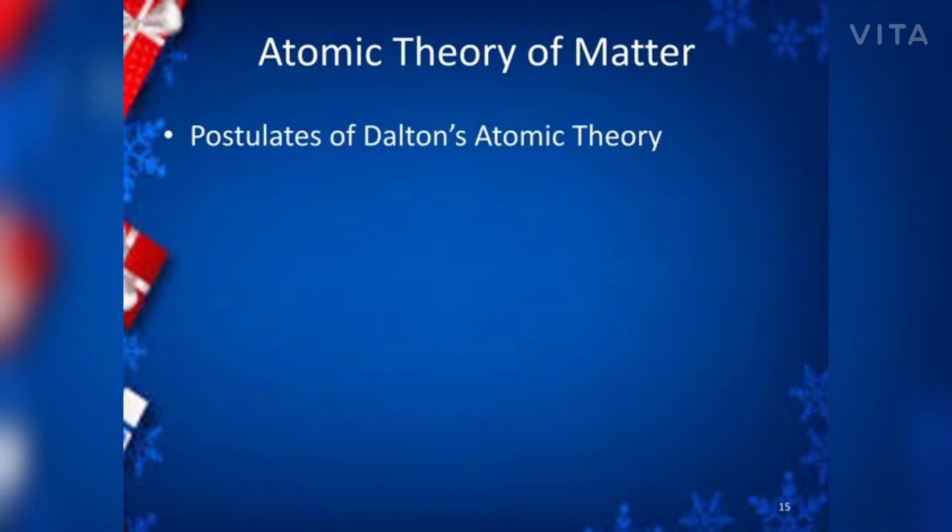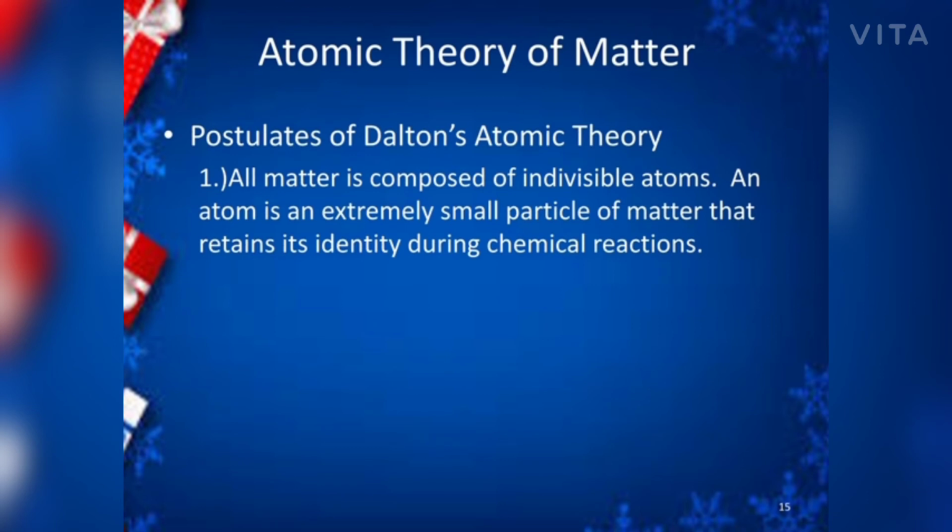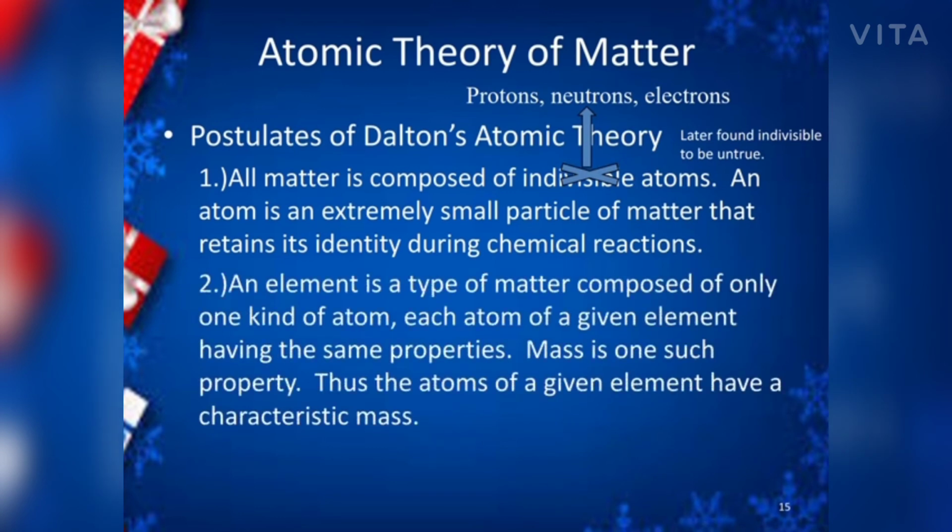Modified postulates of Dalton's atomic theory. All matter is composed of indivisible atoms. No, all matter is composed of divisible particles, that is protons, neutrons and electrons. An element is a type of matter composed of only one kind of atom, each atom of a given element having the same properties.